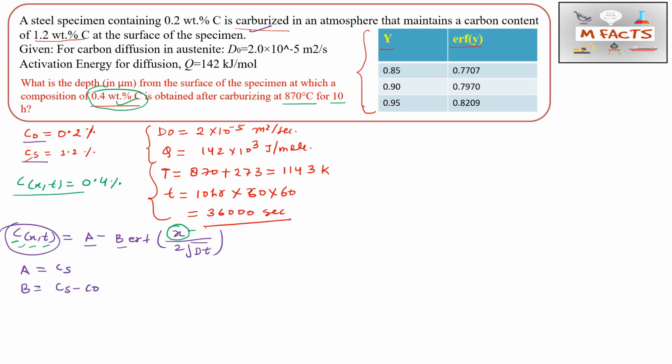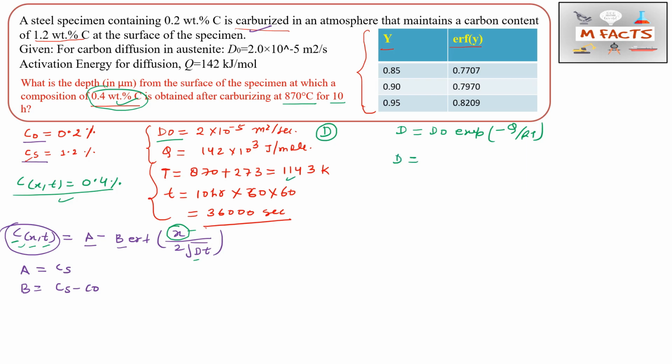So these all are the given values. Now, we don't know this D value. So how can we find this D value? I told you the relation between D and the diffusion constant: D is equal to D naught exponential of minus Q by RT. Once we put in all these values, Q we know, R is the gas constant, and temperature is also given, so we will find this D value.